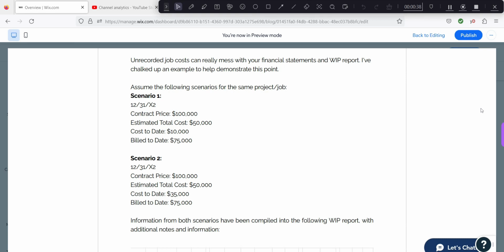So if you have subcontractor costs or material costs or labor costs that you didn't record in the correct period, that's going to throw off your numbers.